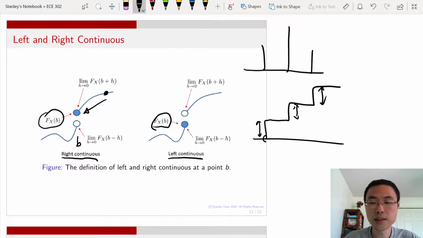Now we ask, is it a solid dot on the right or a solid dot on the left? It turns out that the CDF is always looking like this. Is it a right-hand limit or a left-hand limit? It's actually right continuous, because you start with a solid dot and then you end with an empty dot.